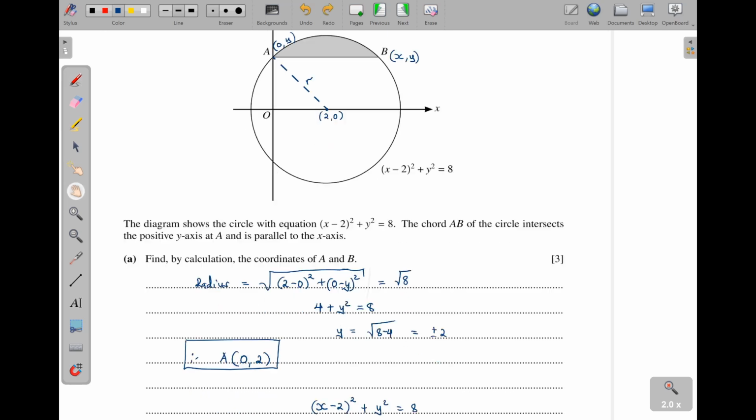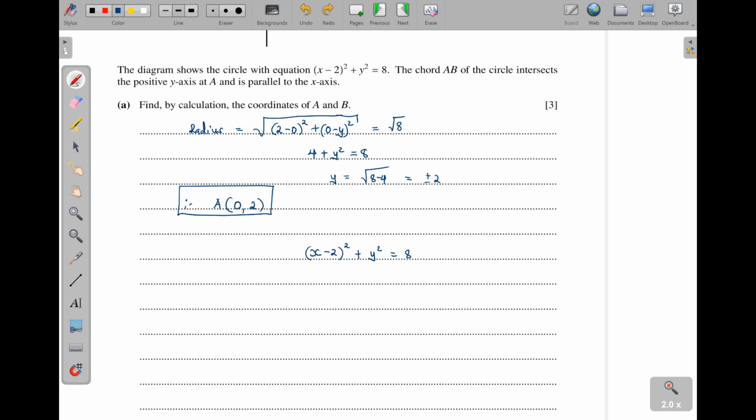So when we solve it simultaneously with the circle, just put a 2 where y is, and then we shall have (x minus 2) squared plus 2 squared equal to 8. Remember it's a 4, so 8 minus 4 gives us 4. So this one here is going to be a 4.